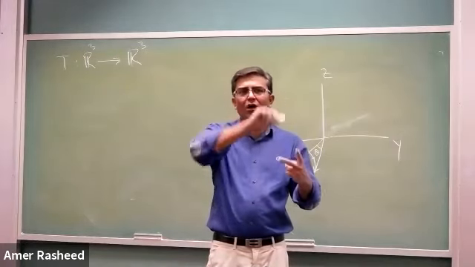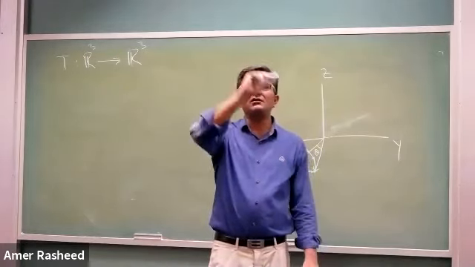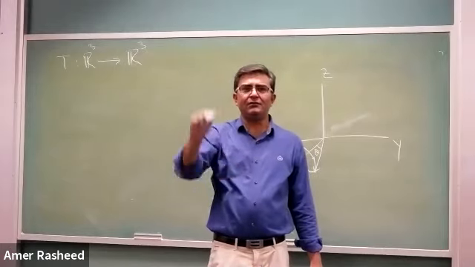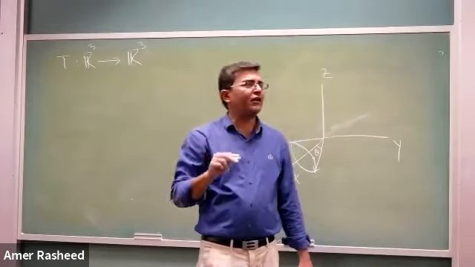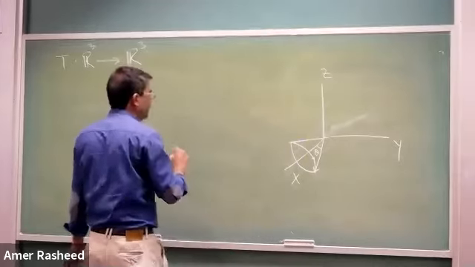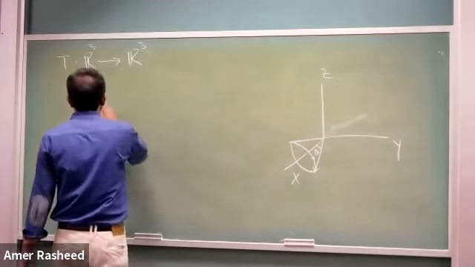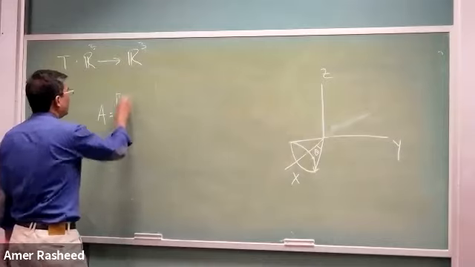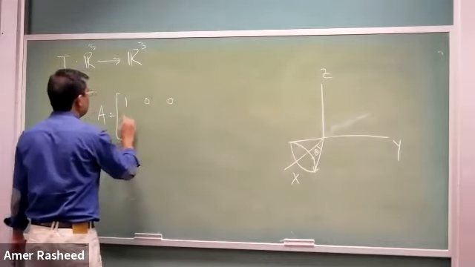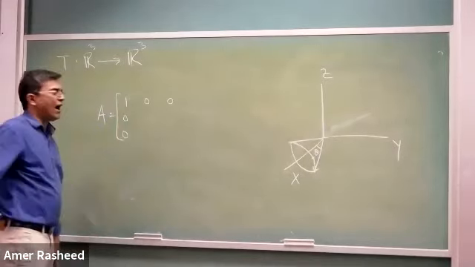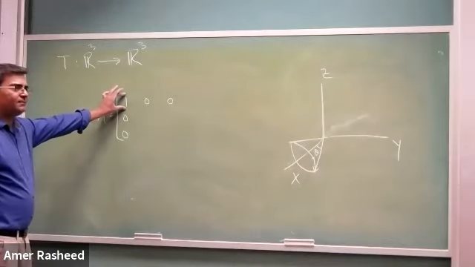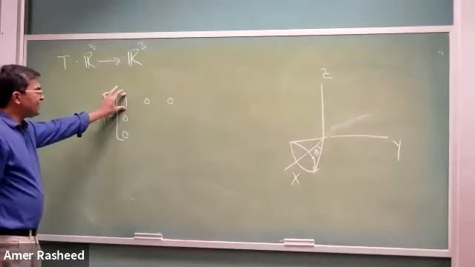X distance fix होगा, सिर्फ change क्या होगा? Y and Z. Y और Z coordinate change होंगे, तो आपका जो standard matrix होगा, वो basically that will be 1, 0, 0, 0, 0. This is because x is fixed. सिर्फ change किसमें आएगी?